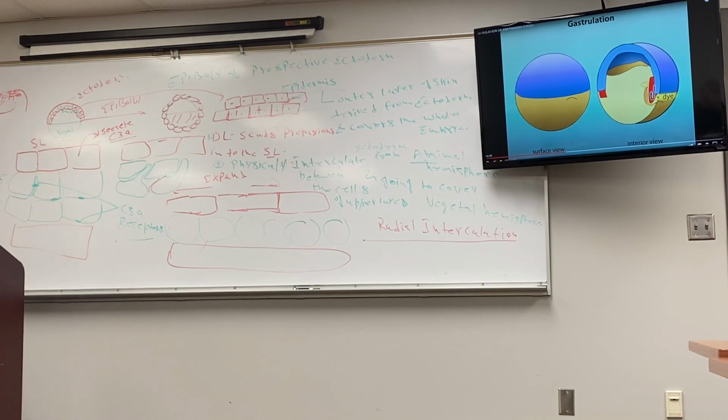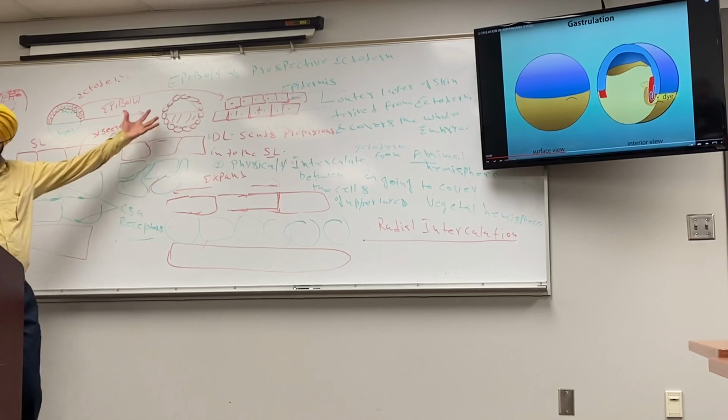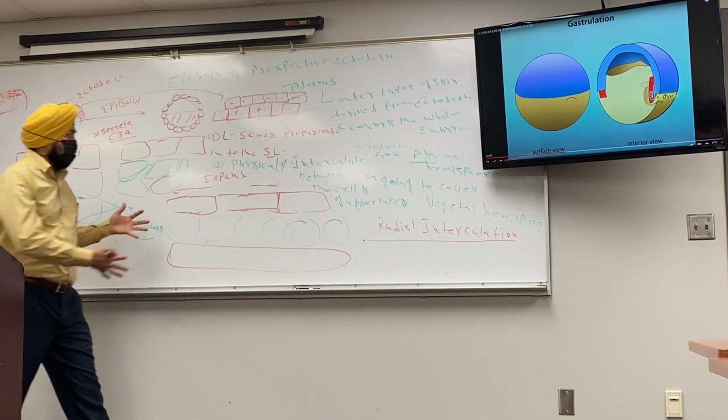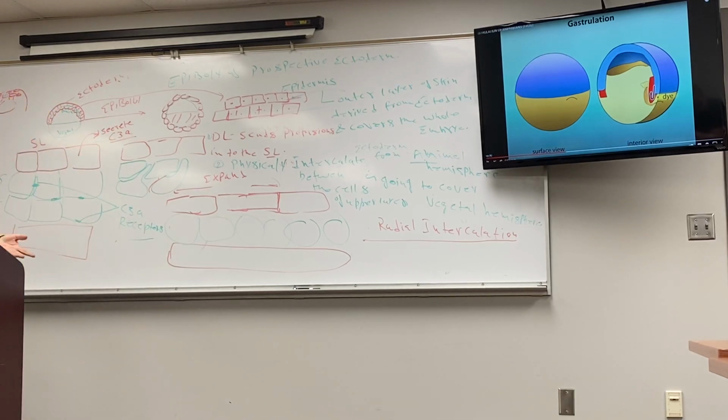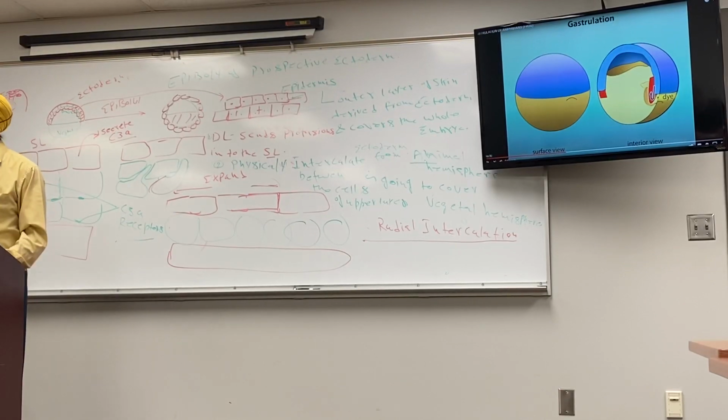That process takes place because the surface layer cells secrete a chemoattracting factor, C3A, that attracts the deeper layer cells toward it, and that happens because these deeper layer cells express a receptor called C3A receptor. So that leads to intercalation, and that intercalation is followed by the expansion. In this way, the epibole takes place. Is that making sense? Talk to each other for a minute, then we'll go further.